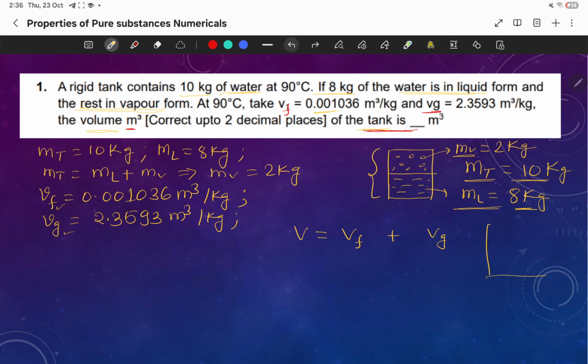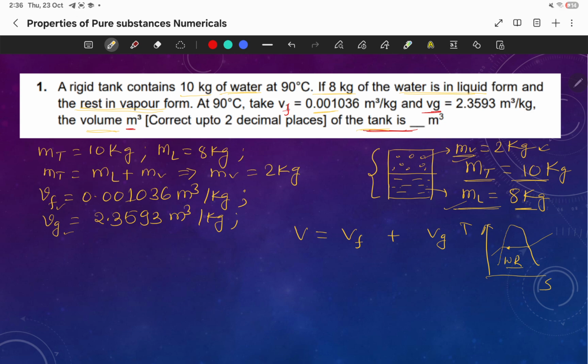If I draw a T-s curve, you can see we have liquid and vapor. Mass of vapor is less, so this state will be somewhere here, in the wet region.